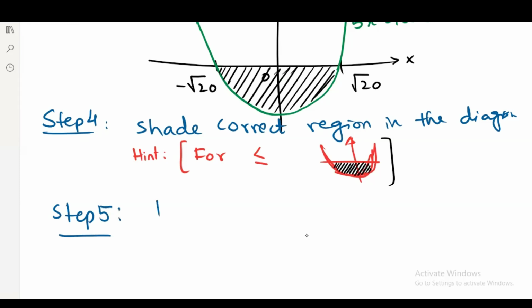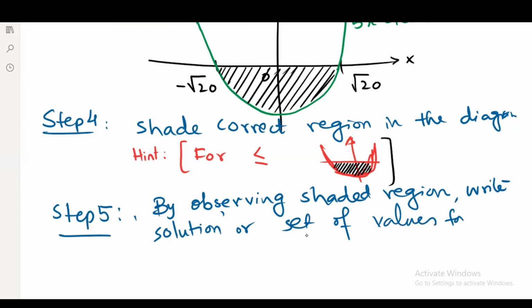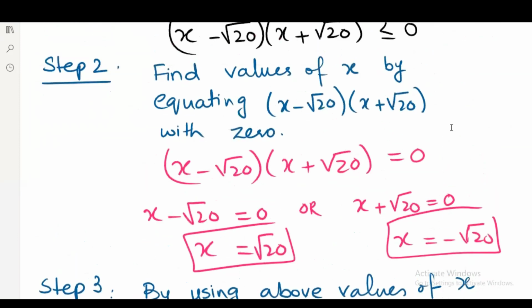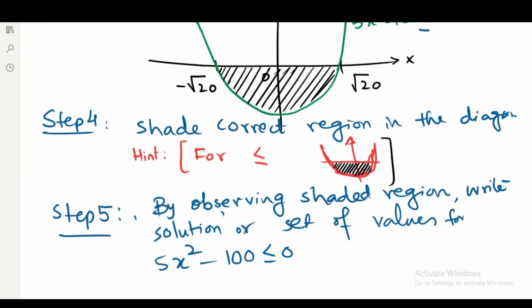Step number 5. By observing the shaded region, write down the solution or set of values for 5x squared minus 100 lesser than equal to 0.